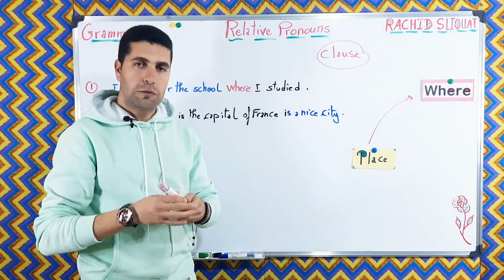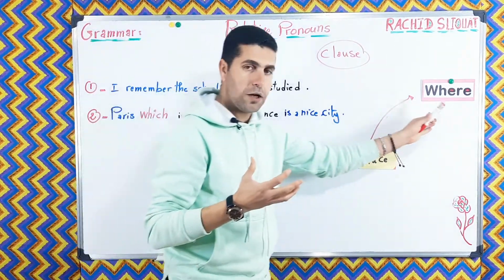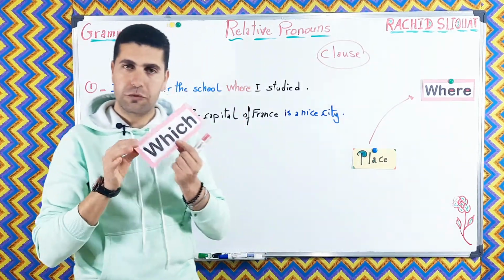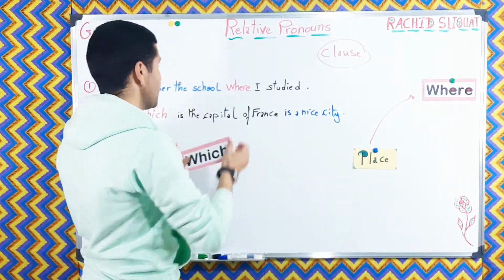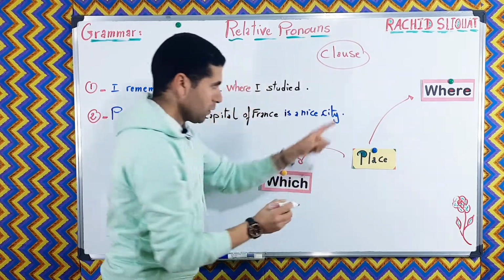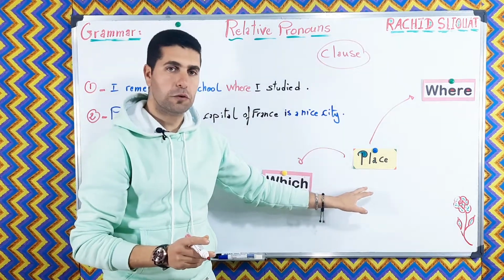Now, do we use only where for a place? No, we can also use which for a place. So today we are going to see the differences between where and which when it comes to places.